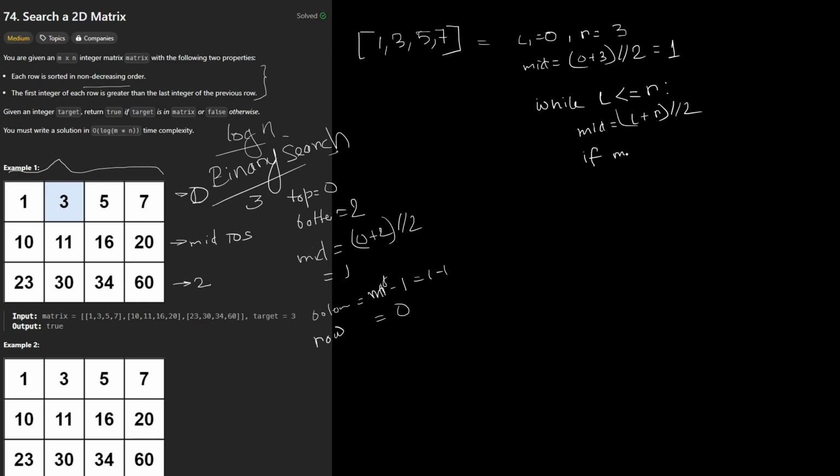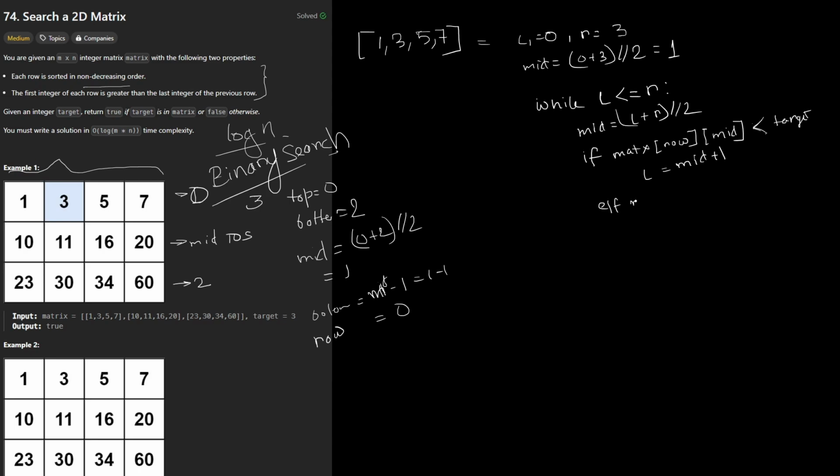So if our matrix of row and mid is less than the target, then in that case we can say L equals mid plus 1.